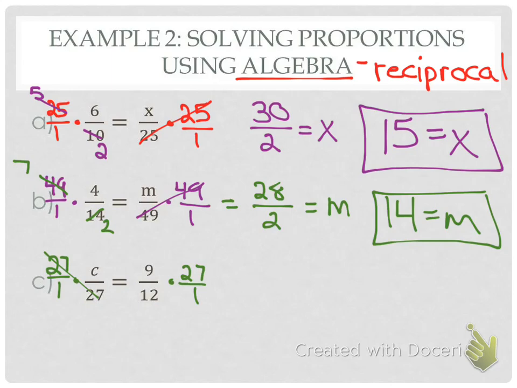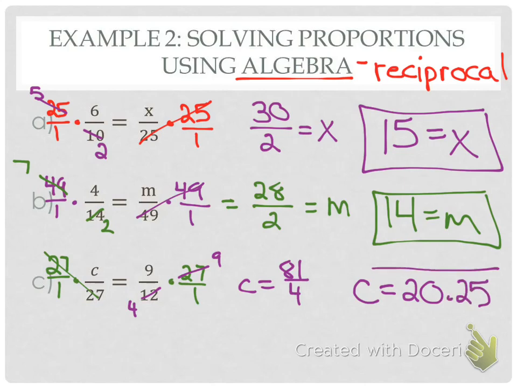Yes. By what? 3. So that makes this a 4 and this a 9. So now I have C equals 81 over 4. So it's not going to be an even answer, but what's my answer? C equals 20.25, or if you said 20 and 1/4, that's okay too.